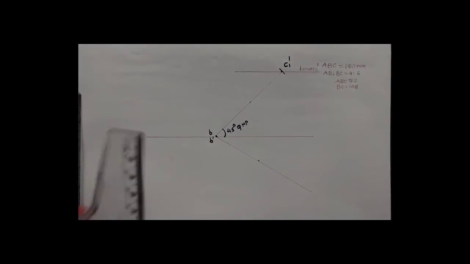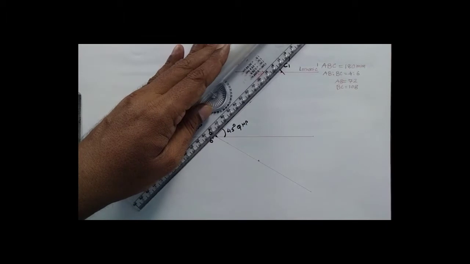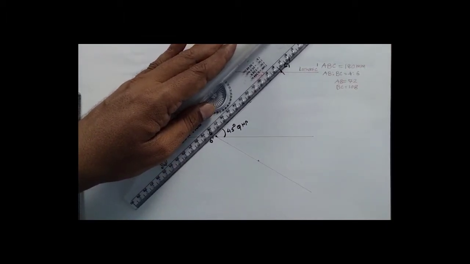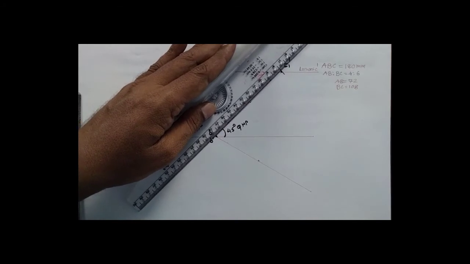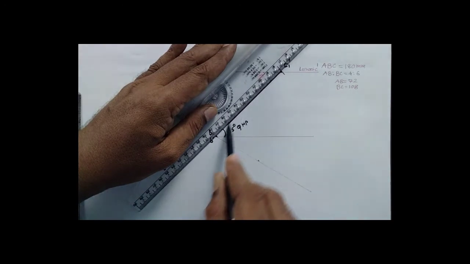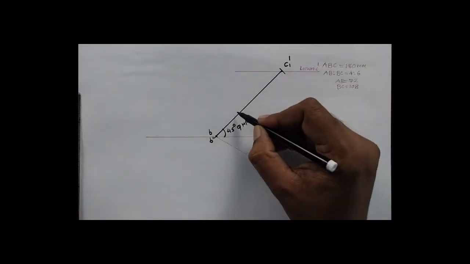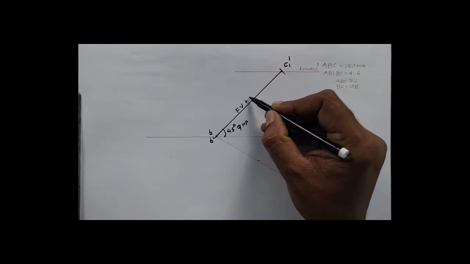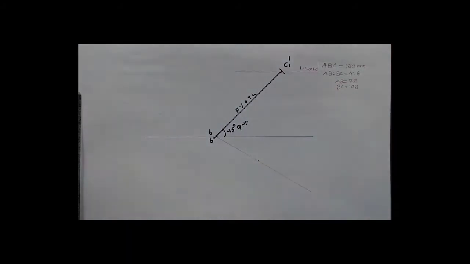Now I join B dash C1 dash. It represents the line inclined to HP as an elevation, front view plus true length.